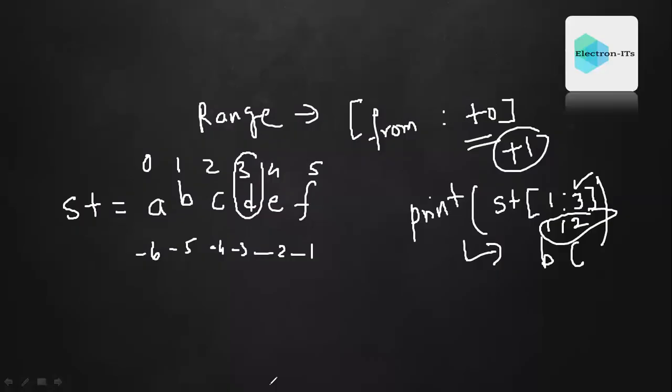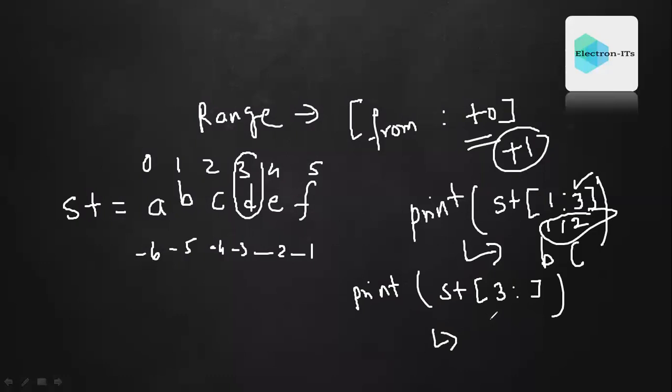But if it is like this, print st 3 and colon, and there is no value present, that means you have to consider all the values from 3, including the 3, right?